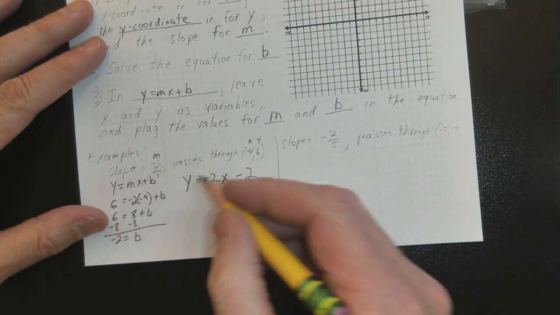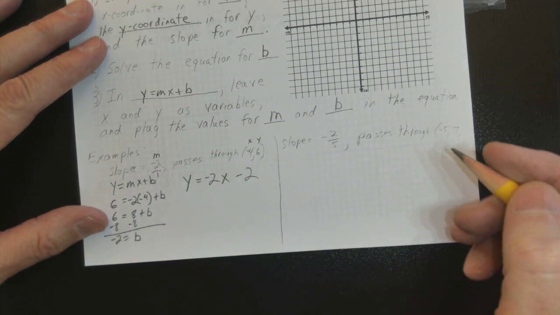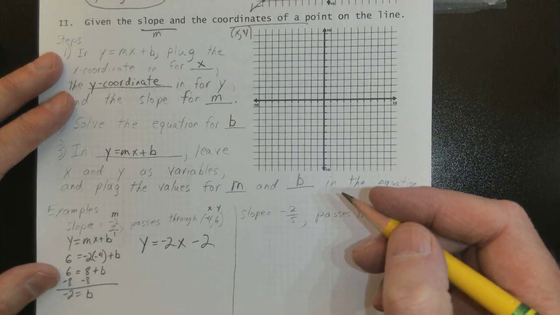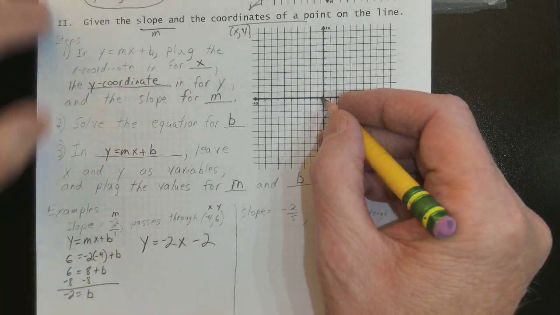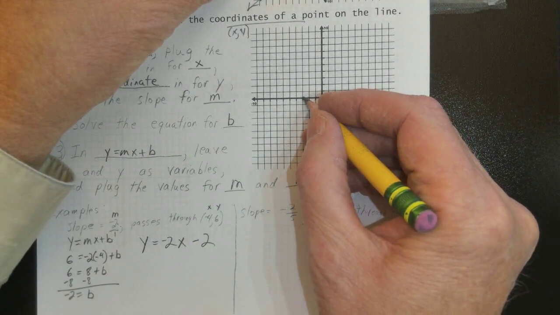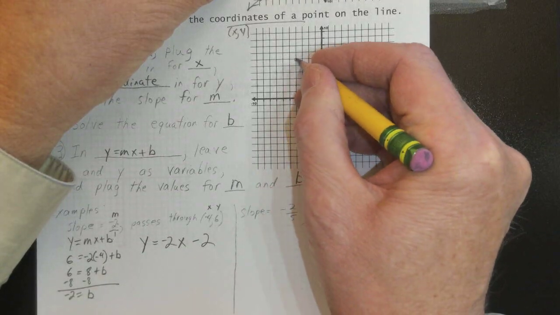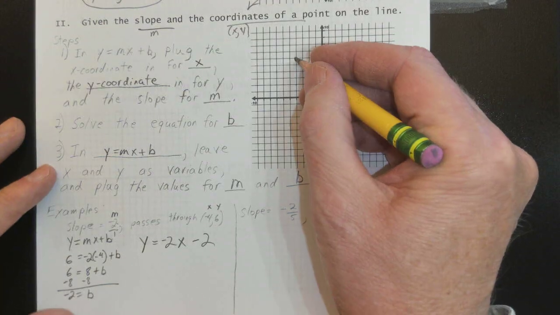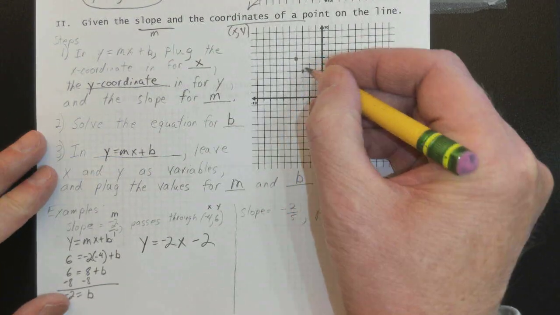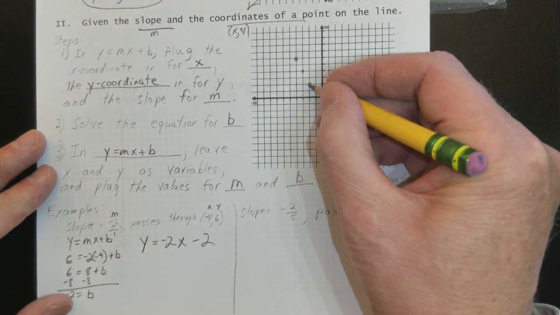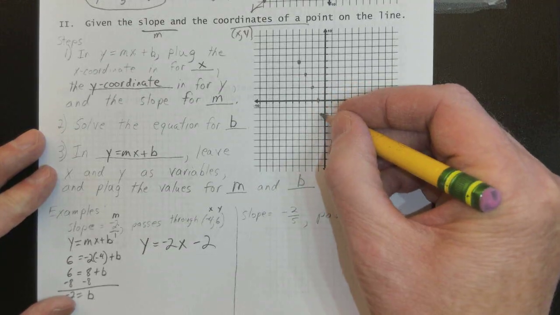That's negative 2 over 1 if I do a rise over run. So let's plot negative 4, 6, right there, and then go down 2, right 1, down 2, right 1, keep doing that.